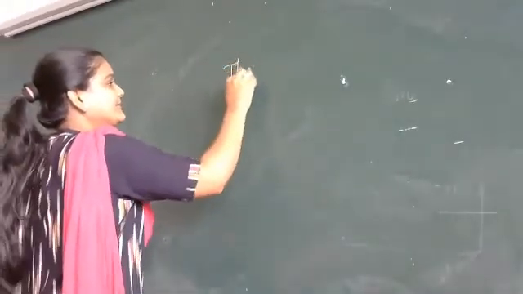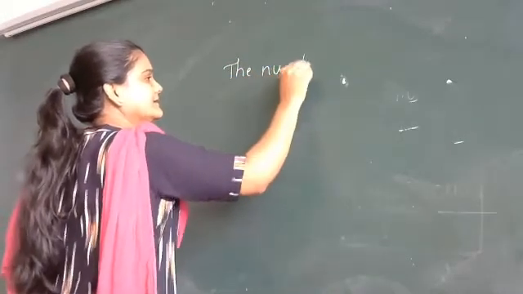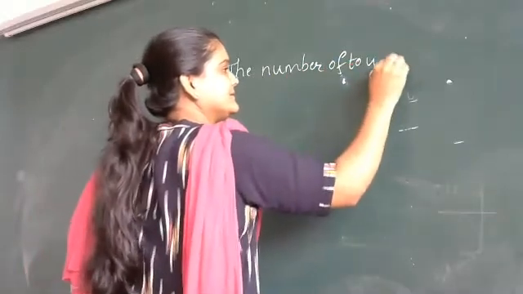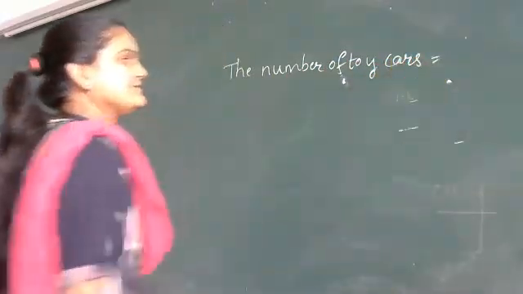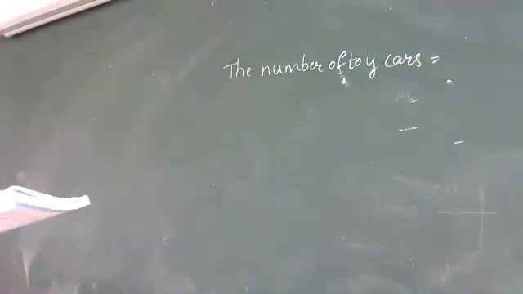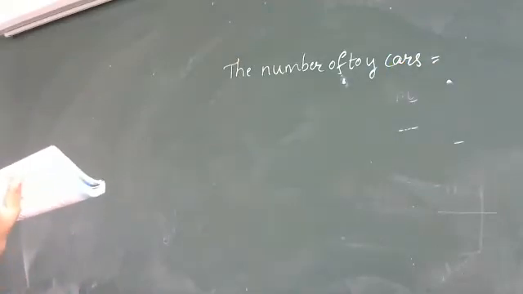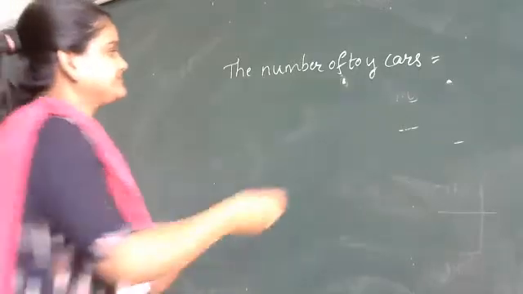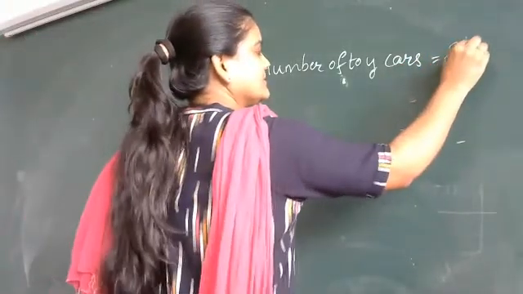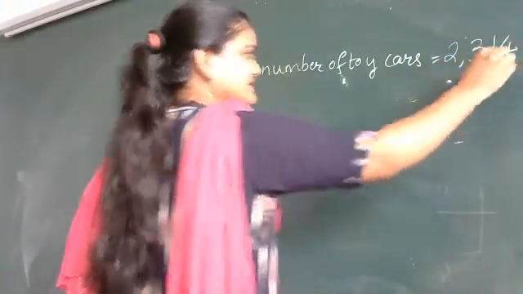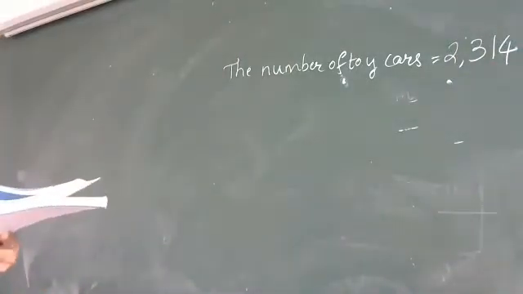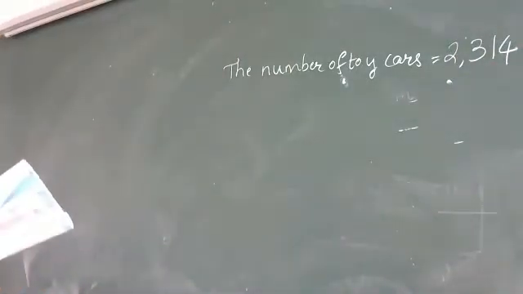The number of toy cars. So first, initially, how much does he have? Ram had how many toy cars? 2,314. Yes. So 2,314 toy cars he had initially.